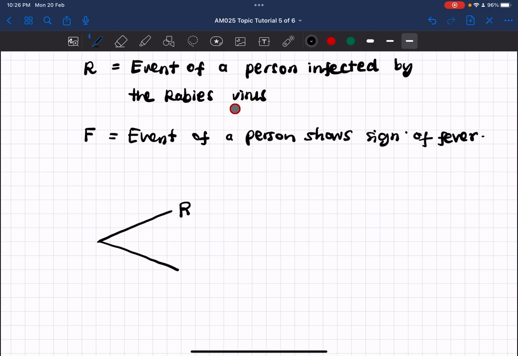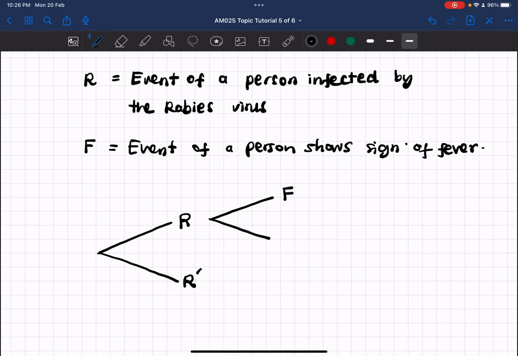So on the first branch, we're going to put R, and another one is the complement of R. For the second branch, we're going to use F, where the event is the person shows the sign of fever. So I'm going to put F here. Okay, so this is the F prime.